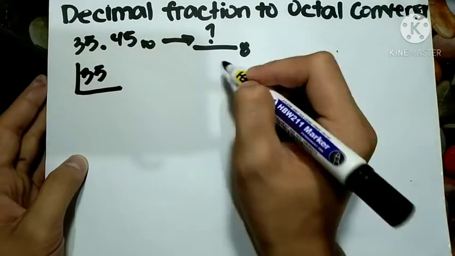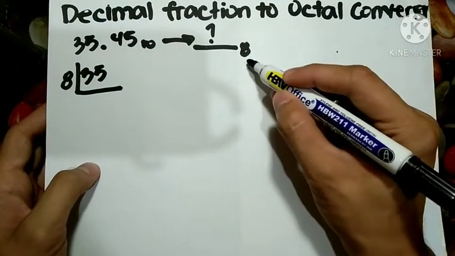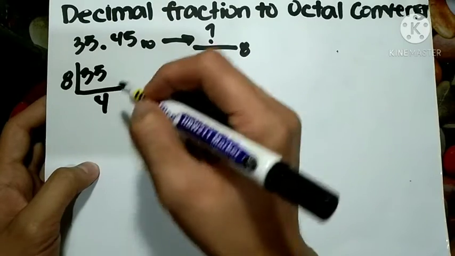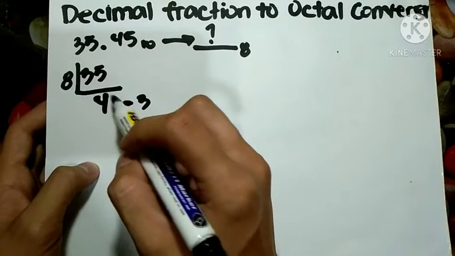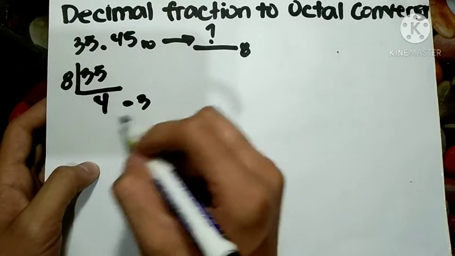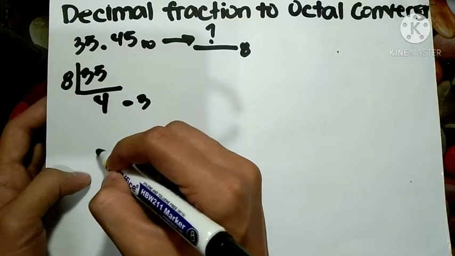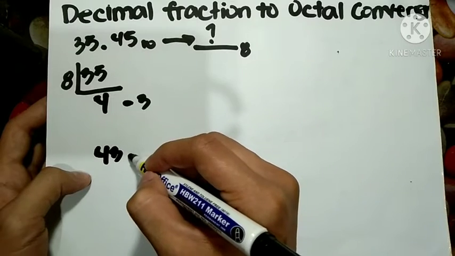We need to divide it by 8 because octal is base 8. So 35 divided by 8 is equal to 4. The remainder is 3. We couldn't divide 4 by 8, so we'll need to stop right here. And our answer is 43 base 8.